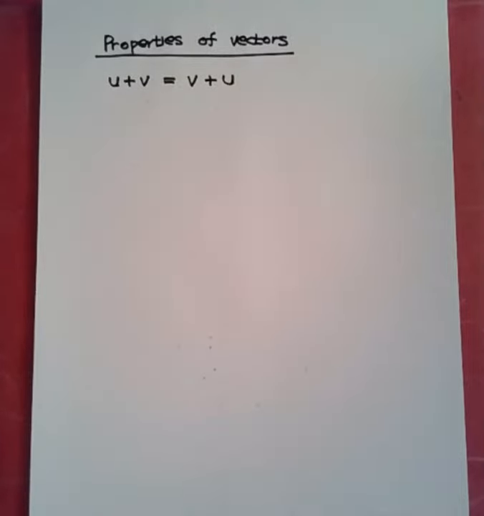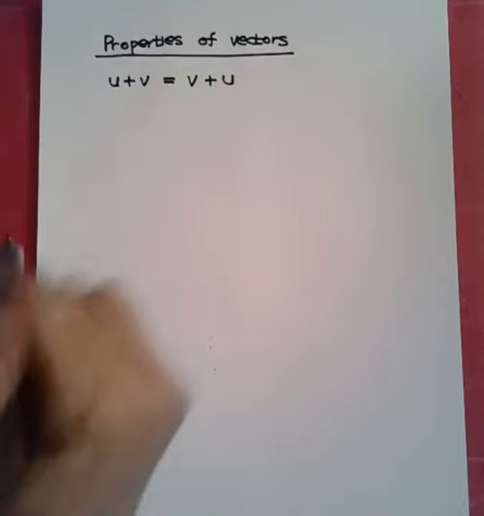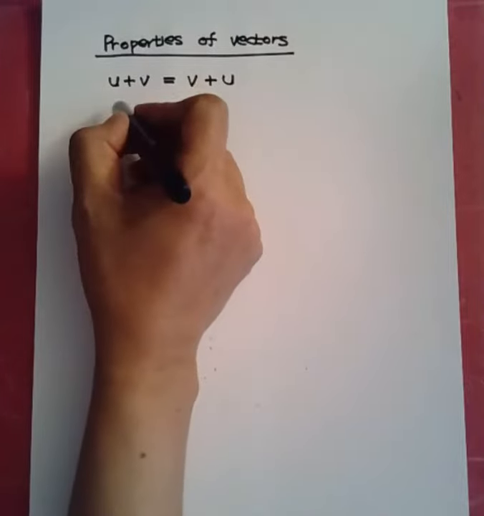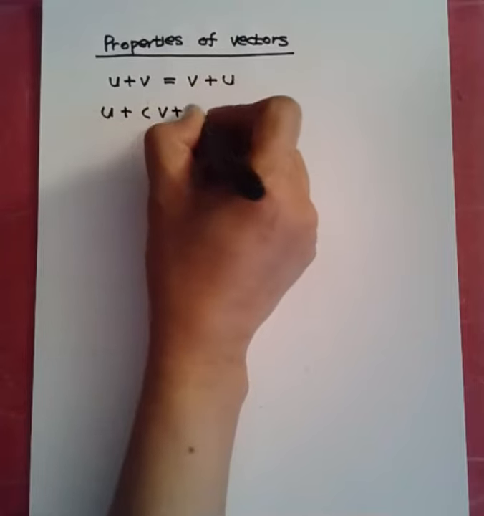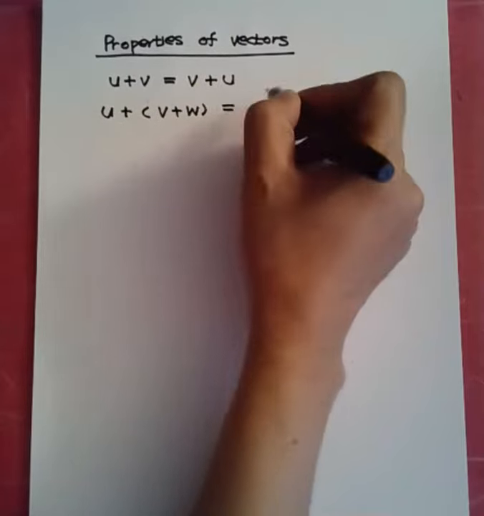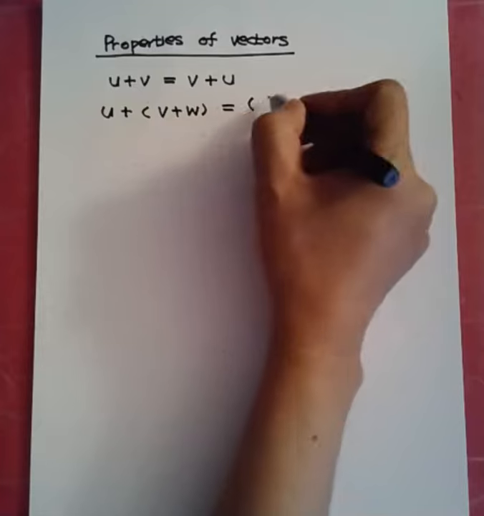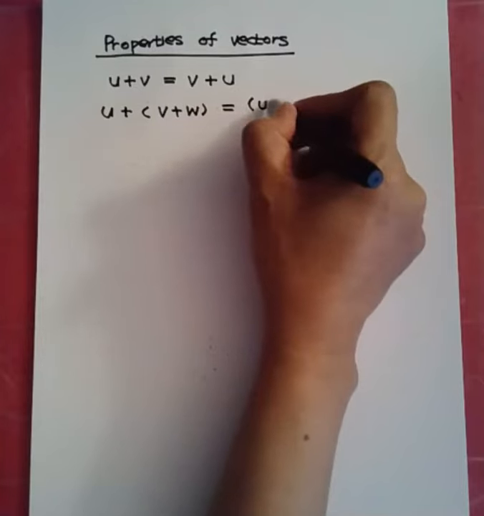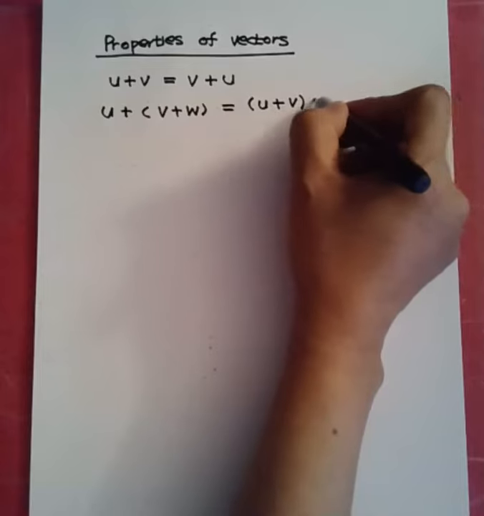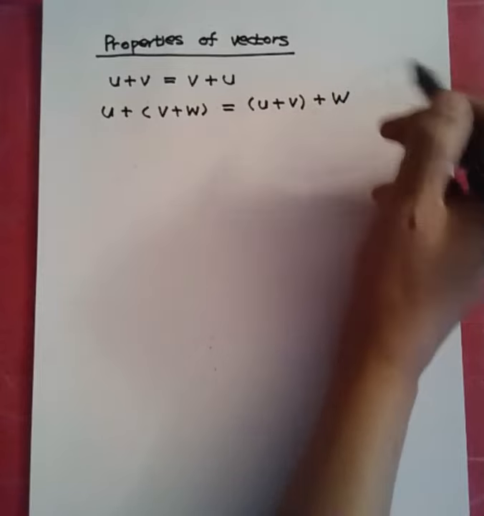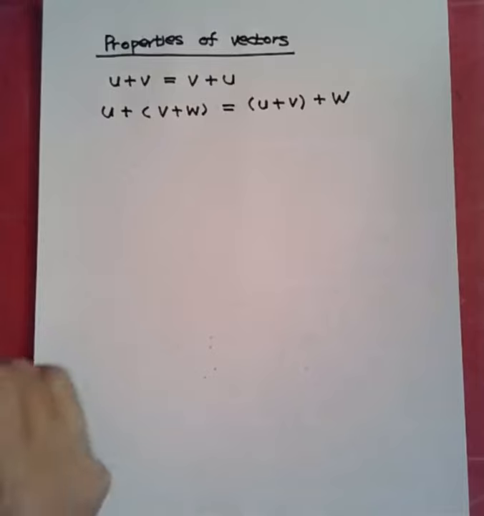So u plus v equals v plus u. u plus v plus w can be calculated as (u plus v) plus w. This was the associative law.